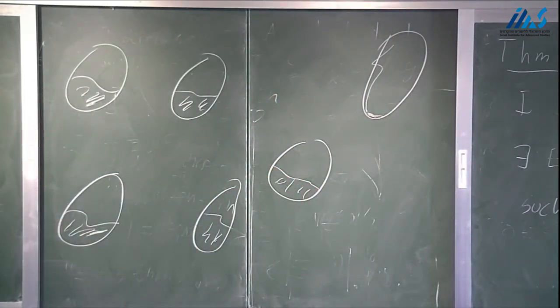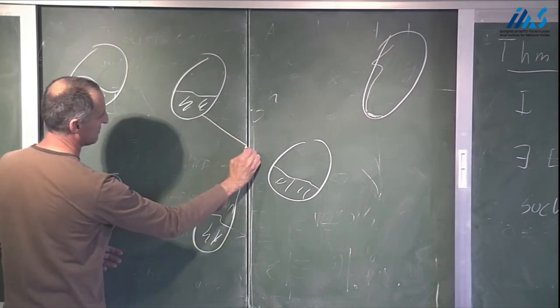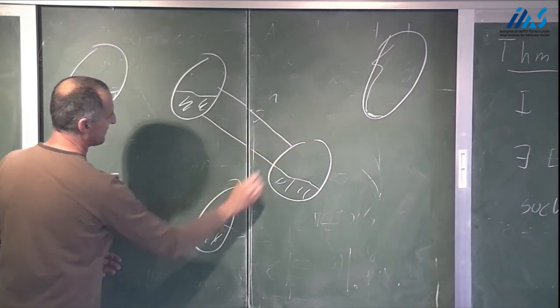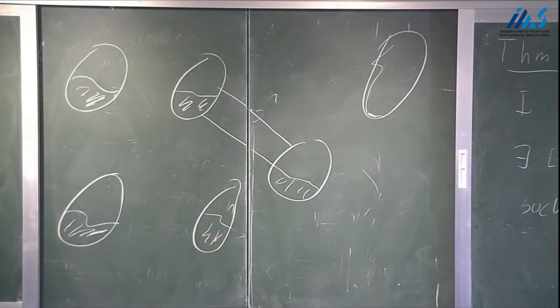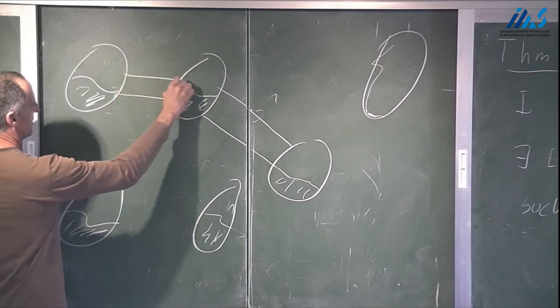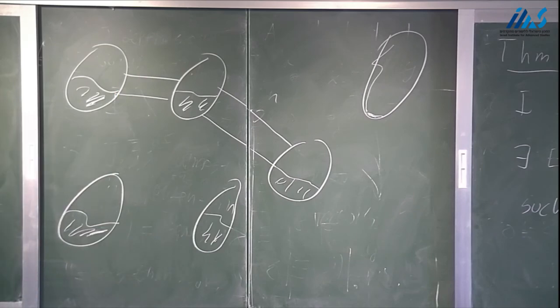But the problem that we set out to fix was that now I look at the graph {0, 1, 2} to the 10th, assuming my junta has 10 coordinates, and some of these blobs have edges between them.